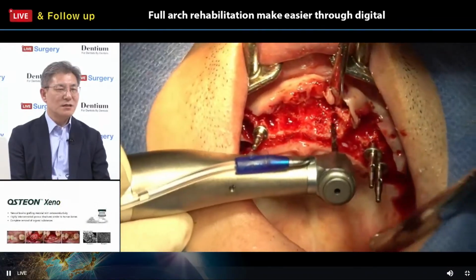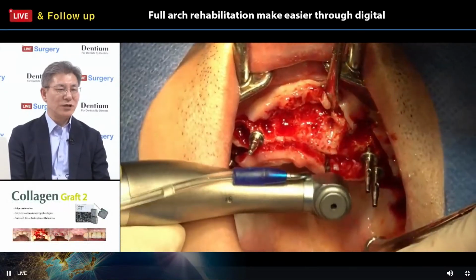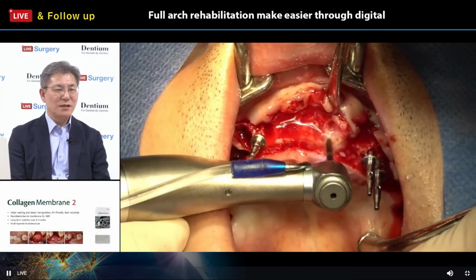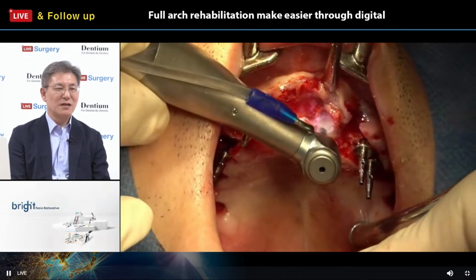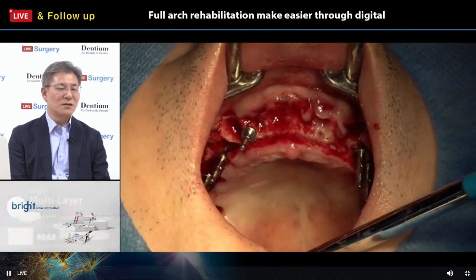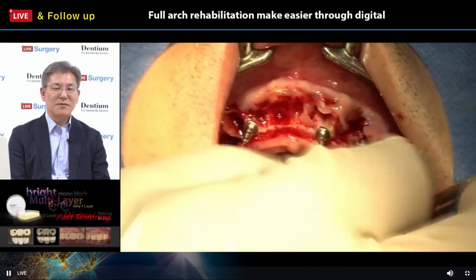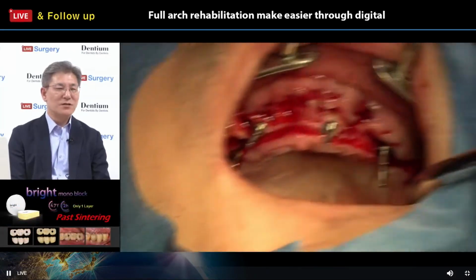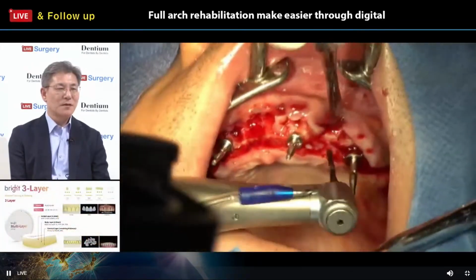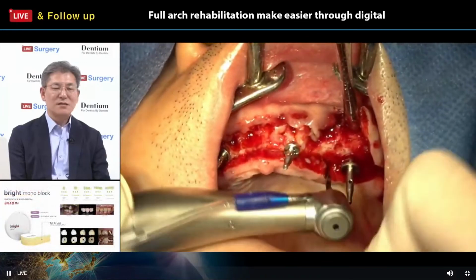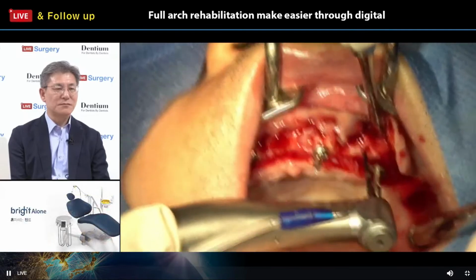The position is exactly the same as the number 22 area. However, Dr. Chung moved to the palatal from the original pointed area. A slightly palatal-moved installation for osteotomy gives some advantages in future restoration.